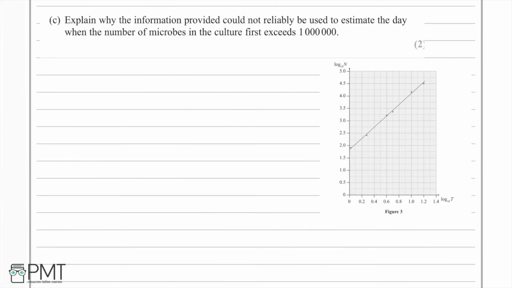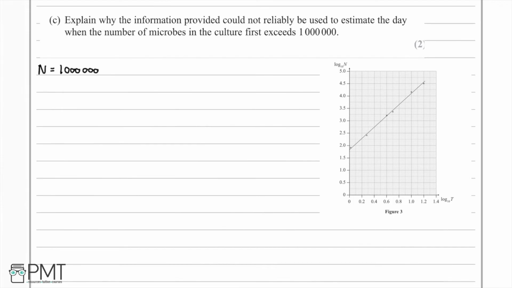So now for part C of the question. We're asked to explain why the information provided could not reliably be used to estimate the day when the number of microbes in the culture first exceeds 1 million. So for this, we're going to look at the case where N first reaches 1 million. So let N equal 1 million.